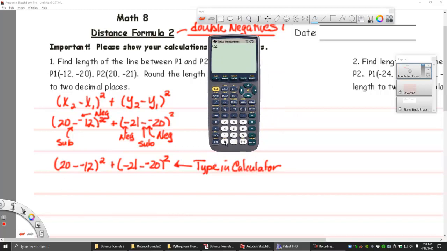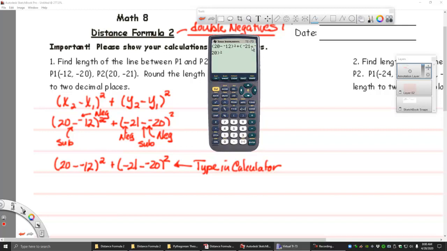Okay, parentheses, 20, subtract a negative 12, close parentheses, put my square there, just like I have there, add, put my starting parentheses, a negative 21, subtract, make sure you put your negative 21 minus the negative 20, make sure you put your square, and you see my negatives and my subtractions on the inside there.